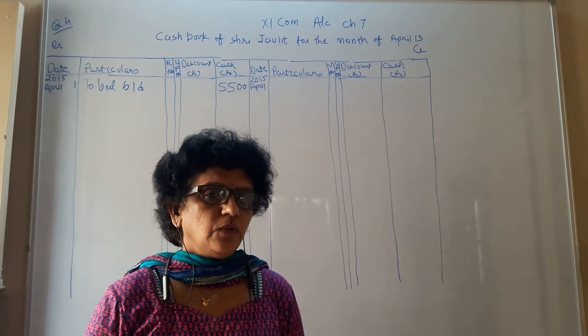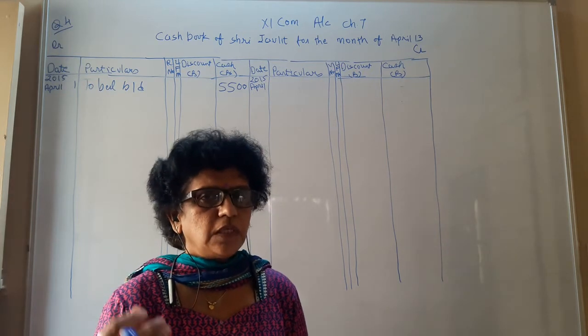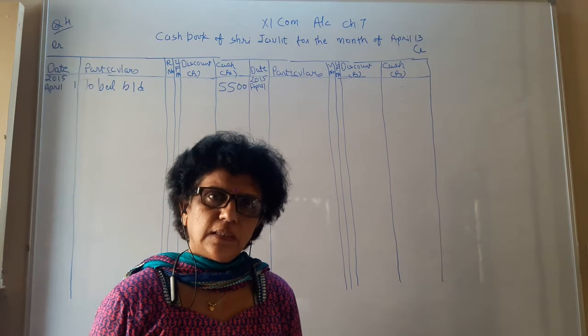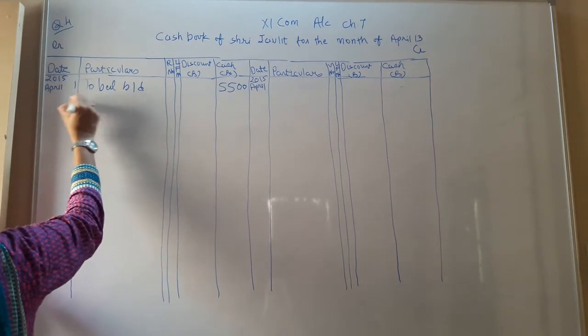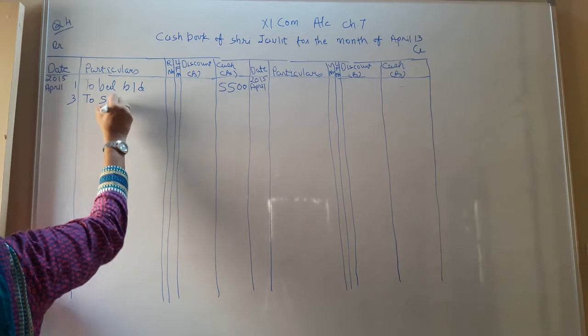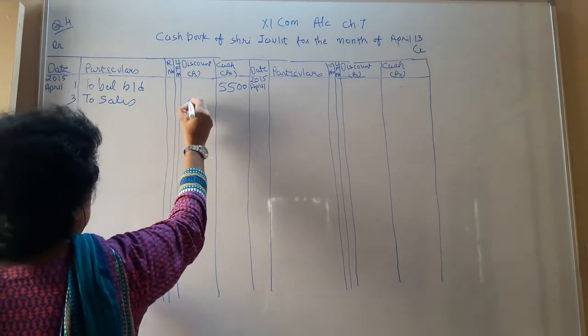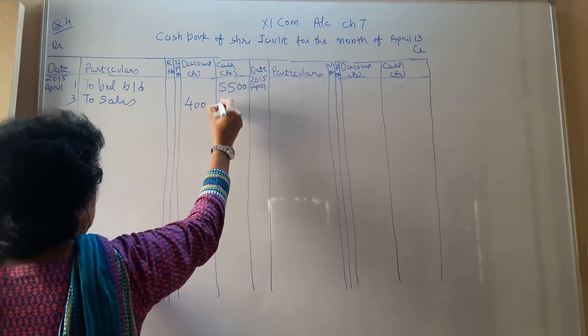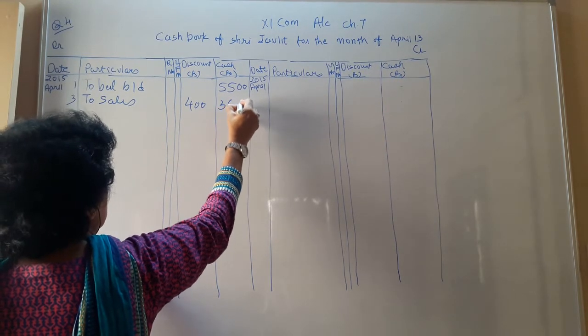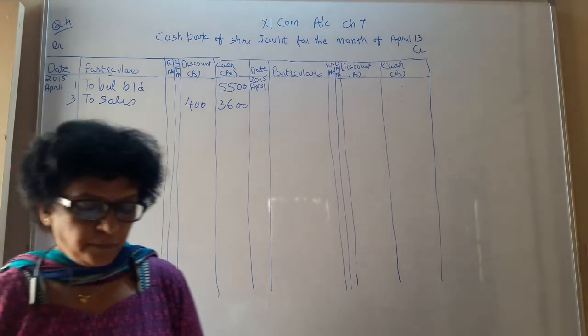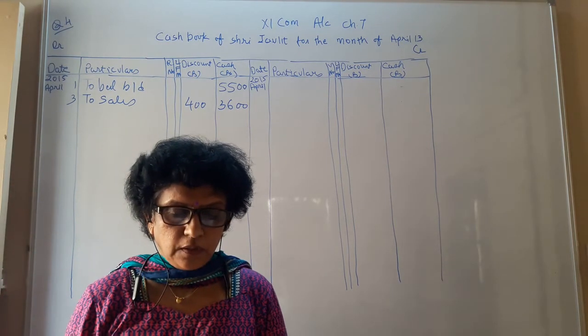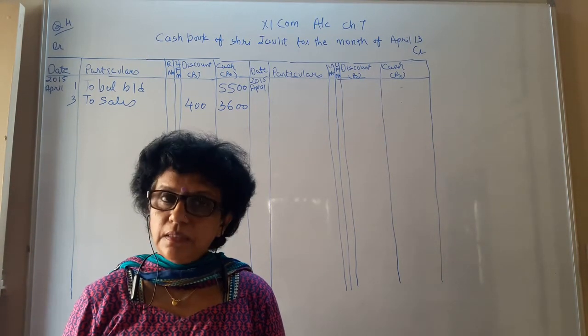It means that you are selling goods of 4000 but you are getting only 3600. So write down on the third, that is To sales, in the discount column 400 and in the cash column 3600, that is 4000 minus 400.